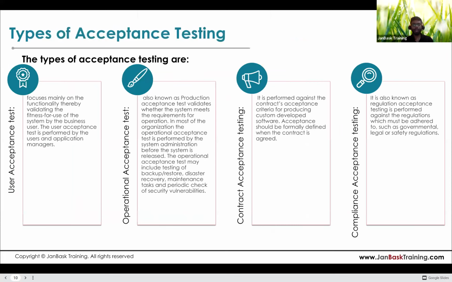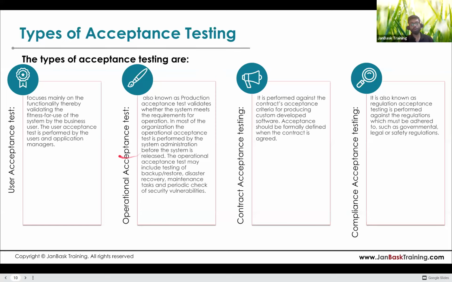There are different types of acceptance testing. The first one is user acceptance testing. In user acceptance testing, they will basically test whether the product or application which is developed meets the end goal or not, whether it is fit for use or not. Now, what is operational acceptance testing?